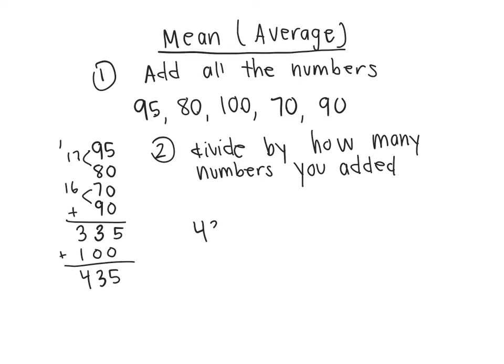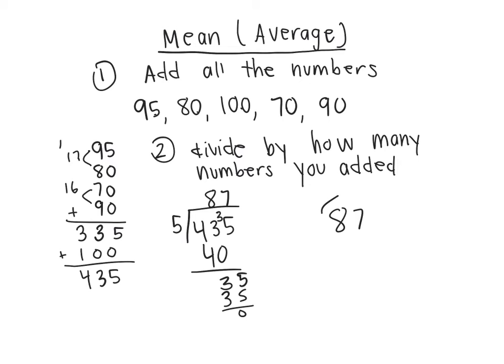So 435 divided by 5. 5 goes into 43 8 times. And then 5 goes into 35 7 times. I brought the 5 down. I moved it over, sorry. So our average would be an 87.